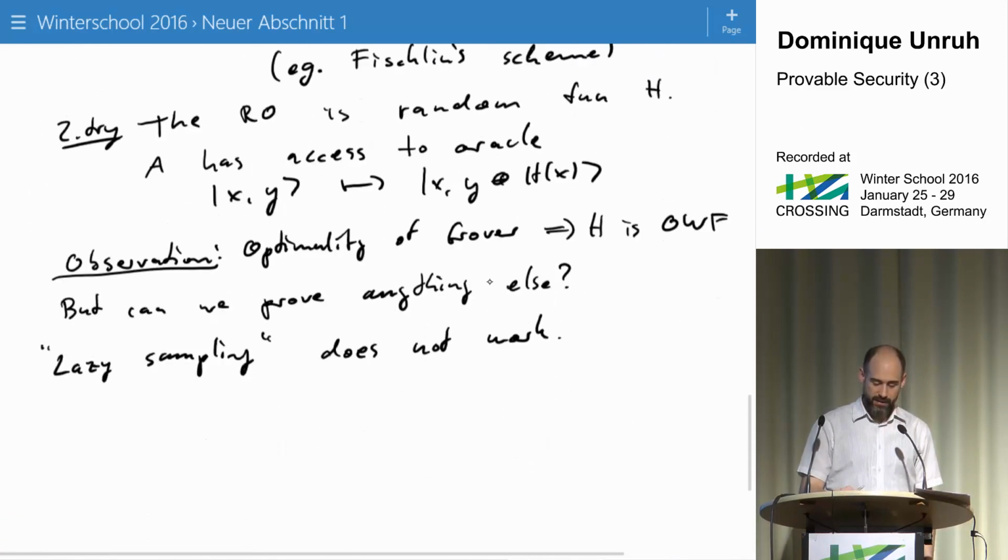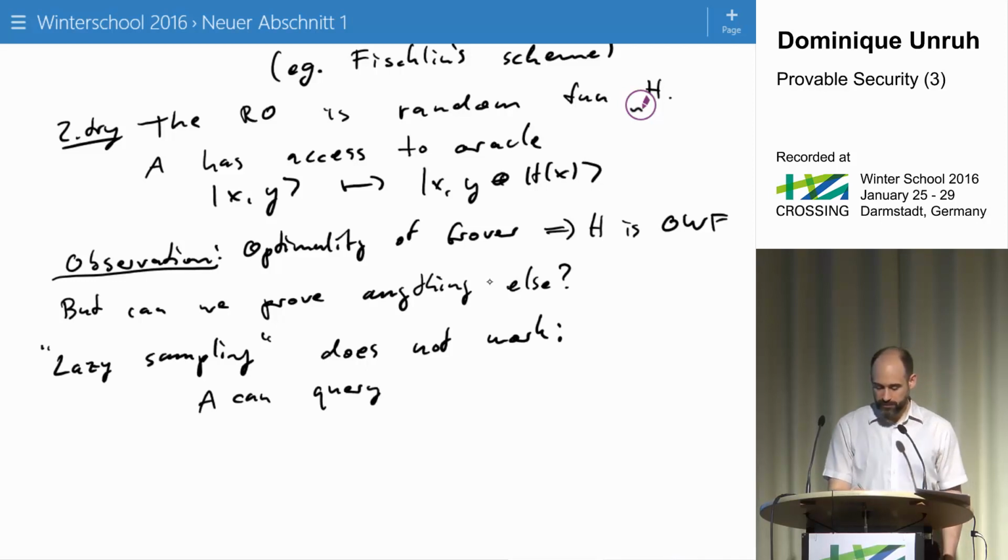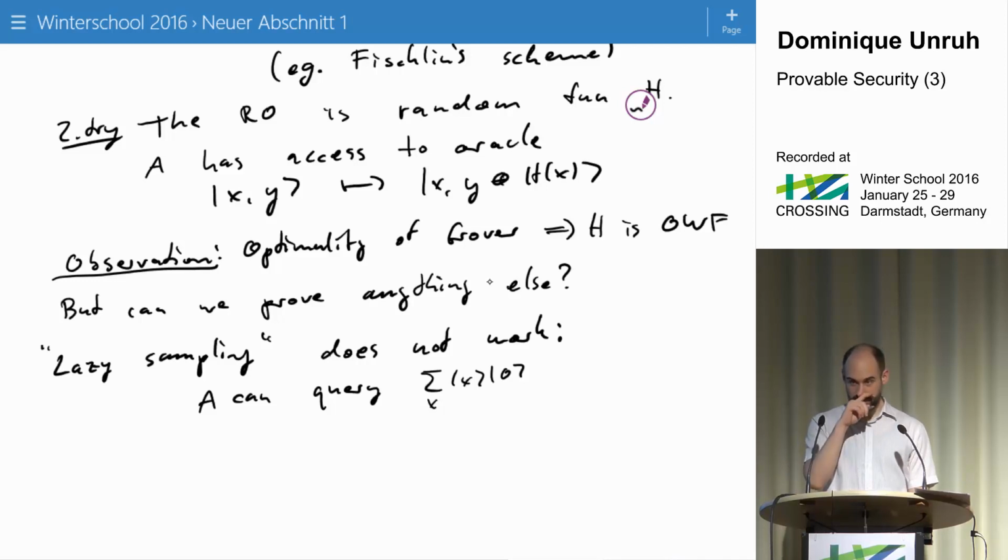And this lazy sampling technique does not work with the quantum random oracle. Why? The adversary can just take the state, the superposition over all x in the first register, normalization factors omitted.